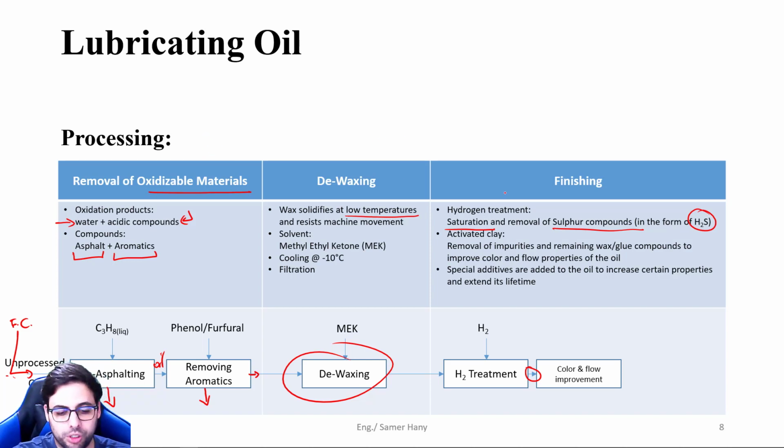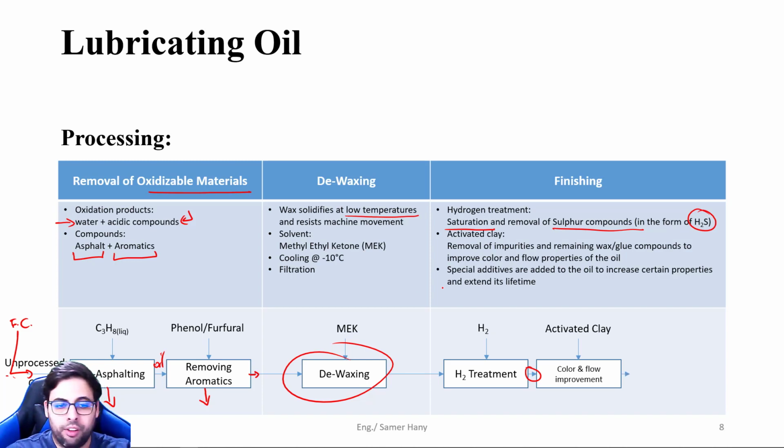So we introduce some activated clay. This activated clay just acts like a cage. It adsorbs the impurities onto its surfaces, and then we can separate the oil from the activated clay, and we get a pure oil or treated oil after this unit.